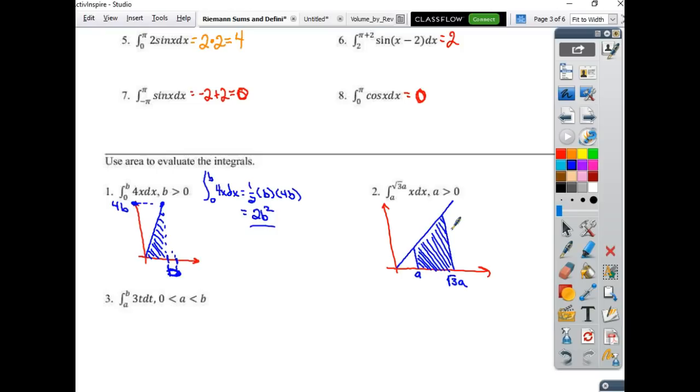And so what I want to do is realize that this shape, well, what is that? That is a trapezoid. So the integral from a to the square root of 3a of x dx is the average of the bases, a plus the root of 3a over 2, times the height, which is the square root of 3a minus a.